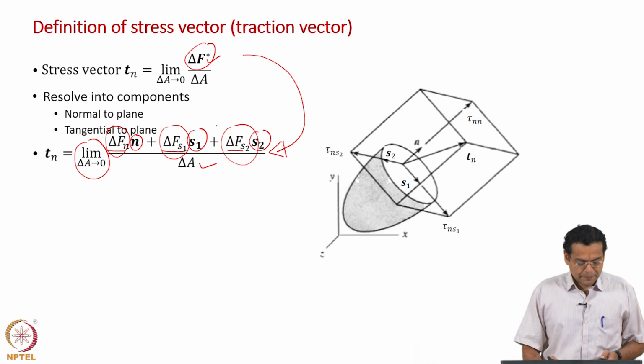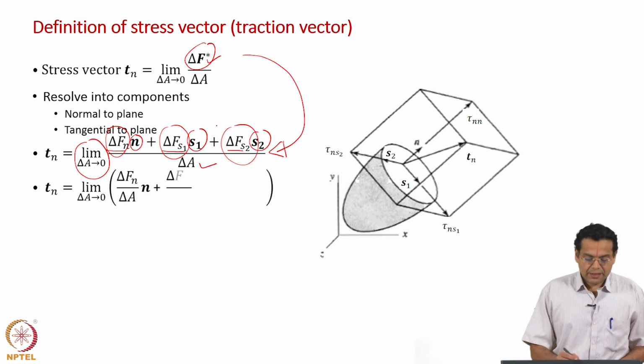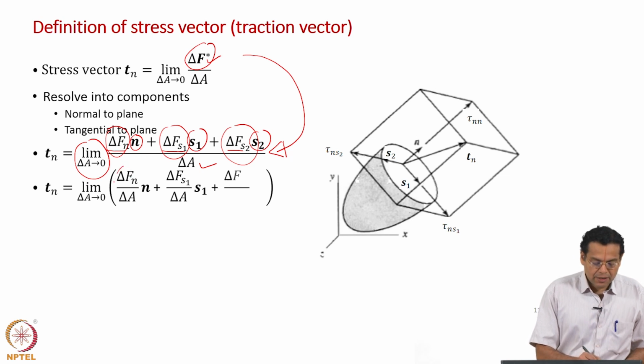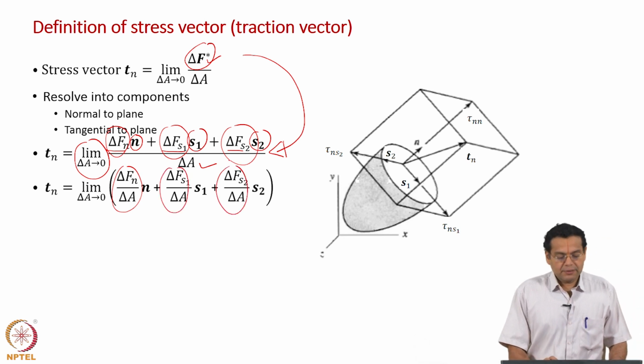Now we apply the limit for every component, which is why it has been shown split into components. So we will apply the limit for delta Fn by delta A, delta Fs1 by delta A, and similarly the other component as well.